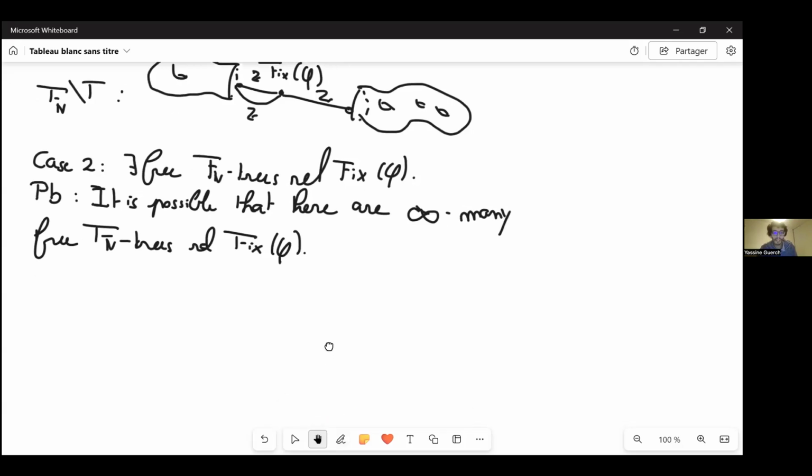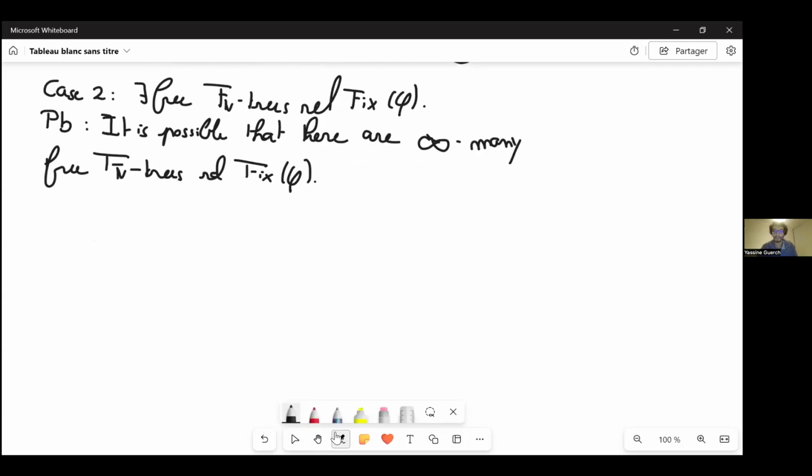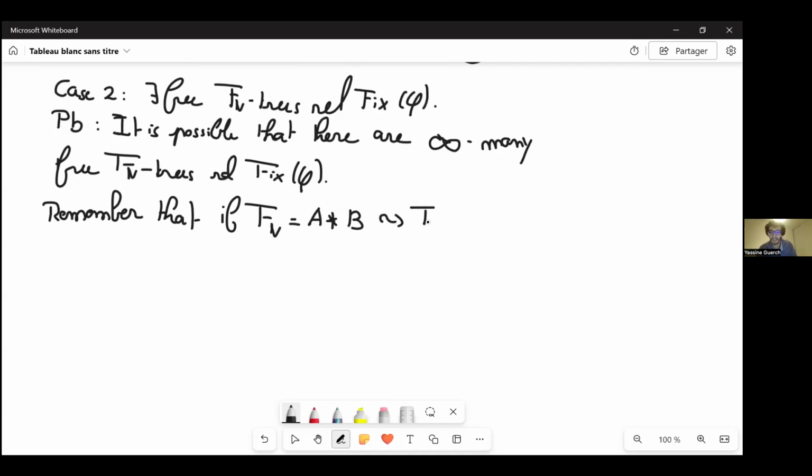So the way we will do this is through three cases. So remember that if you start with a free product decomposition, you can construct Fn trees which are associated with this free product decomposition.